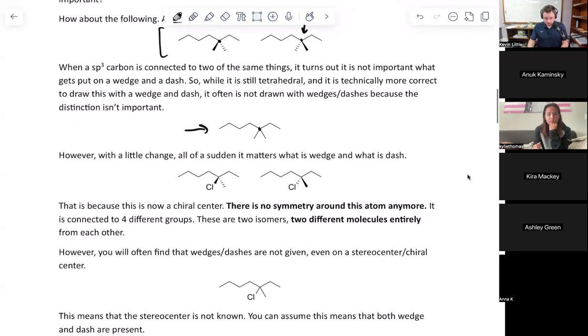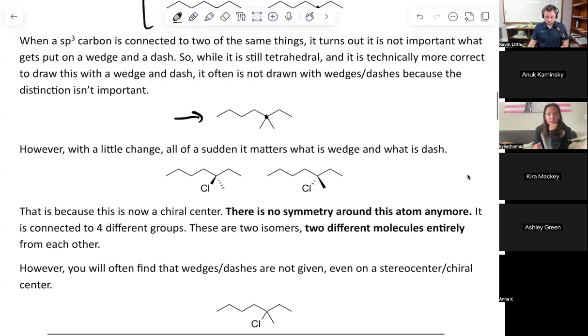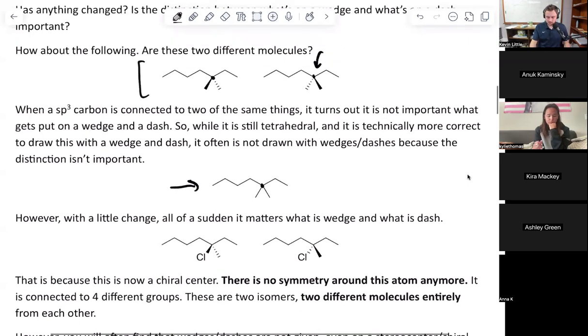With a little change, all of a sudden it does matter. Whereas these were the same, now as soon as I make one of these methyls into a chlorine, these are different.